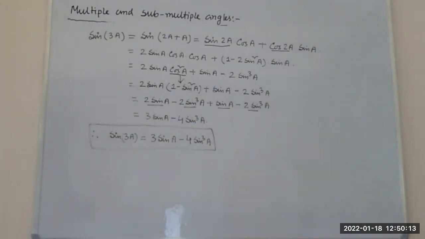Here the multiplier is 3. Right? So the formula of sin 3A equals 3 sin A minus 4 sin cube A. You have to remember this.